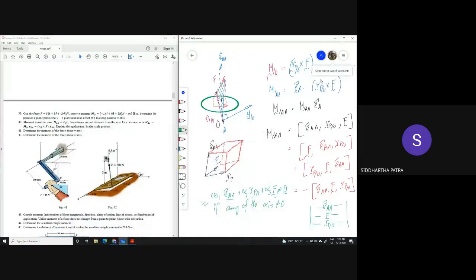So this scalar triple product right here can also represent this determinant right here. So yes, all of these are properties of the scalar triple product, but we only need it to get the moment about an axis. So for that, we would look into problem number 41 and problem number 42.